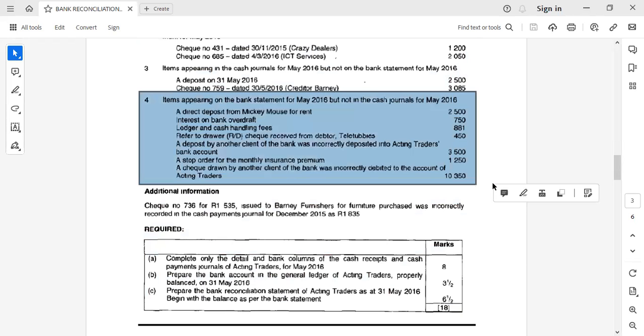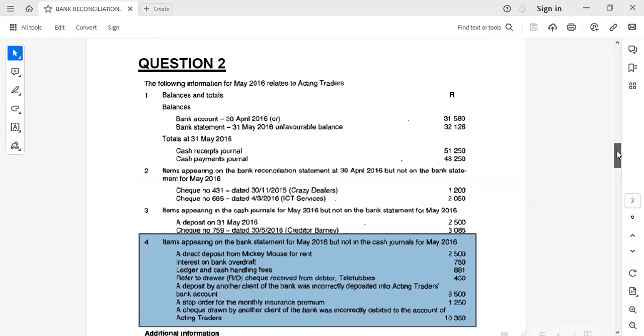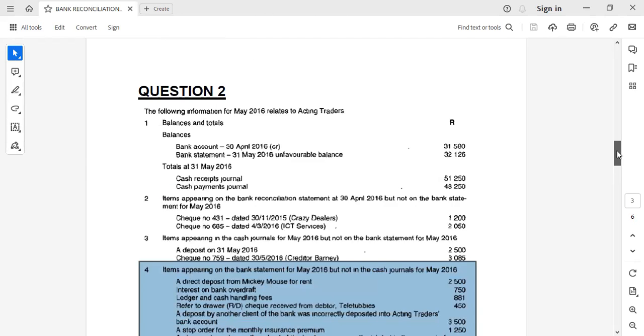Can I please take you back a bit? Number 6 says prepare the bank reconciliation statement for Acting Traders as at 31st May. Don't we also take the 31,500 and credit it as our opening balance?